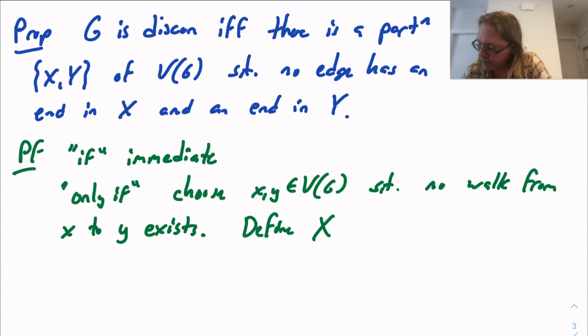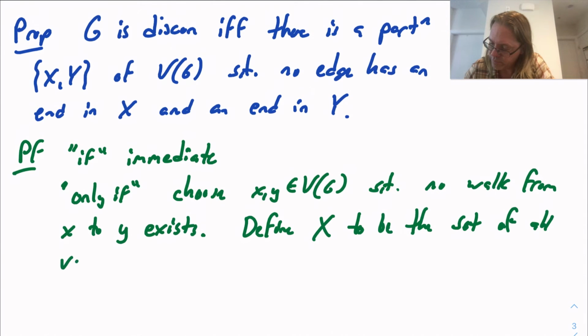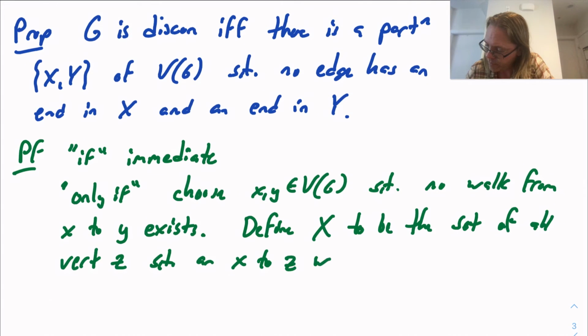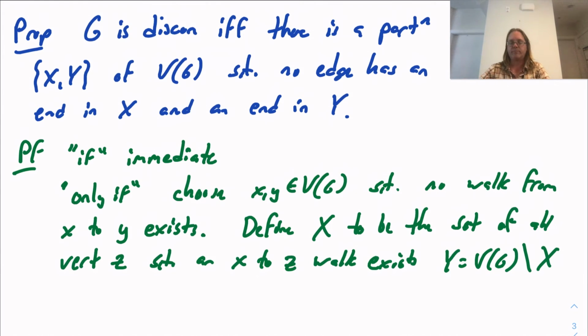So X is going to be the set of all vertices, say z, such that an x to z walk exists, and I'm going to declare Y to be the complement, all the vertices not in X.